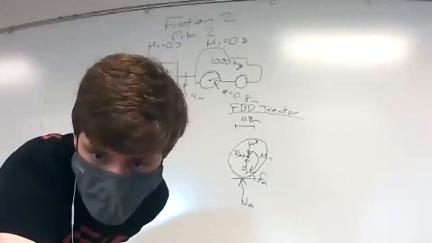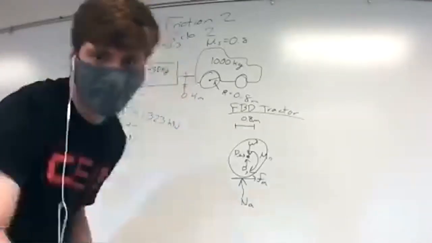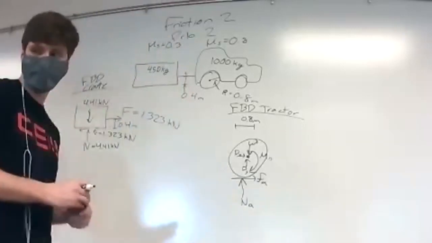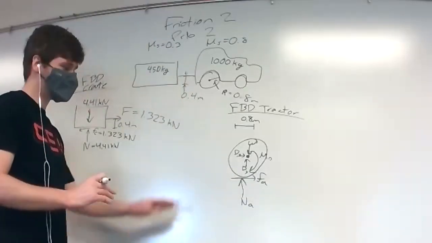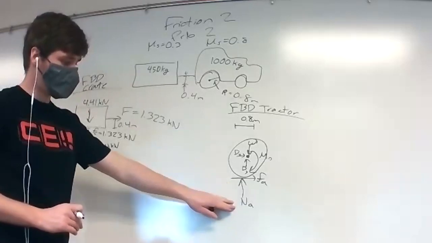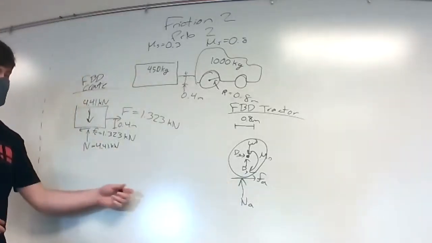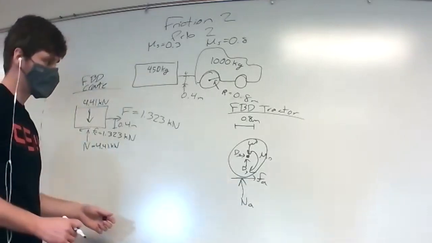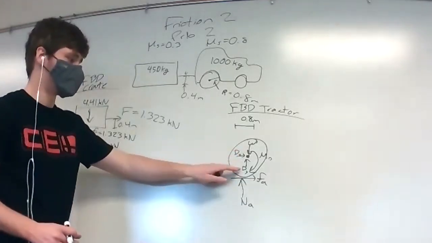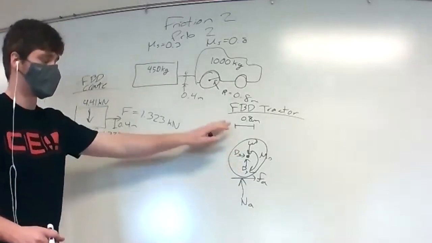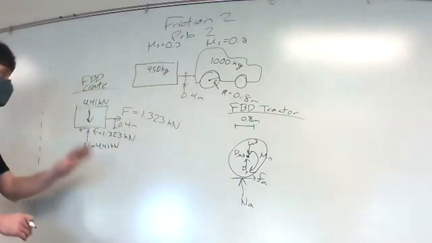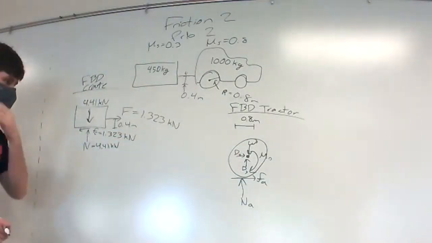We need to solve for the friction here. Since we don't know the normal force, we can't use the equation of friction equals mu sub S times normal force. Because we have the weight, we have DY, we have NA, so we can't just say that the weight is equal to the normal force like we did for the box.